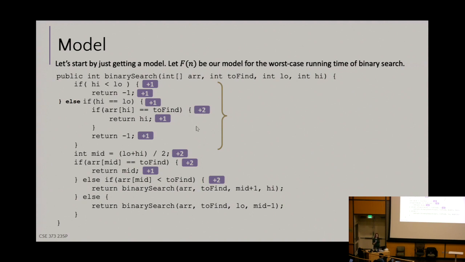When you have this type of branching structure, not all of these pluses are going to get executed, but I'm almost always going to ask you for the worst case runtime. The worst case is if I check this if statement and that's false, then I check this if statement and that's true, and then I check this if statement, and technically those are the same, but that's how I got 6 for the worst case of the base case.